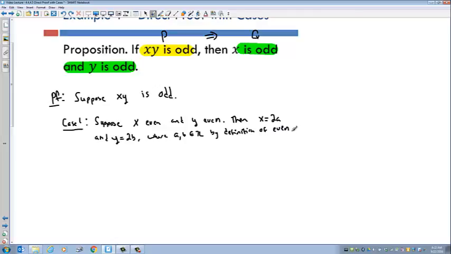Okay, and then we want to do what? Well, you want to notice that if you multiply these things, x times y would be equal to 2a times 2b, which equals 4 times ab, or you can say this equals 2 times 2ab, which is even.